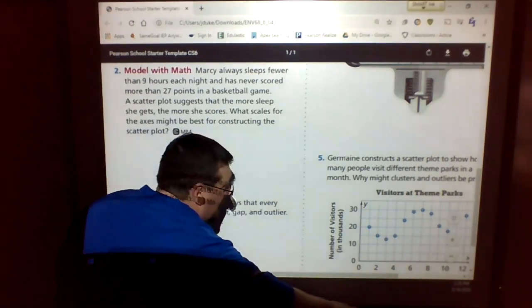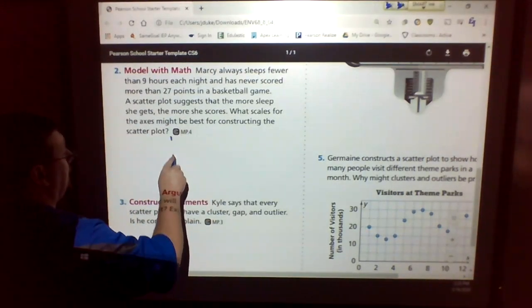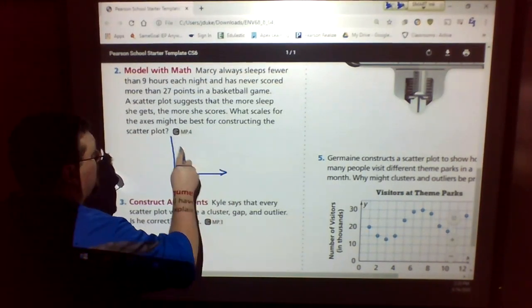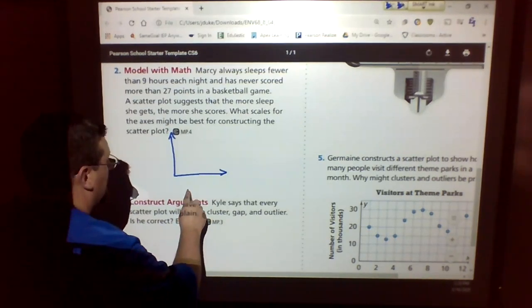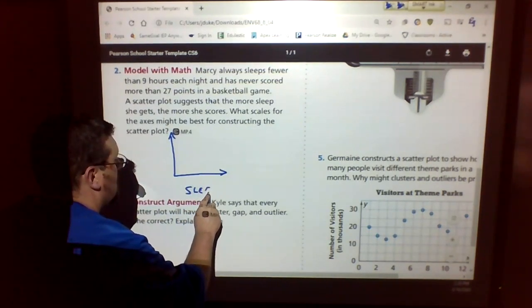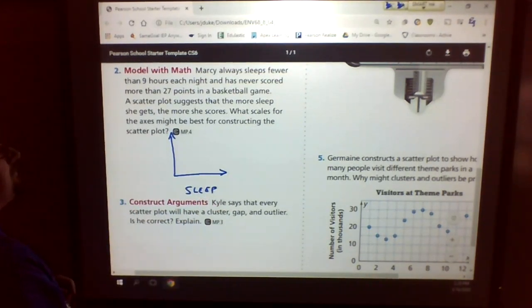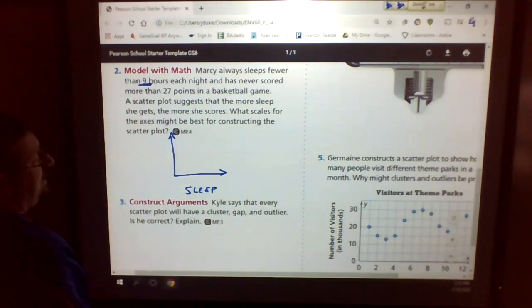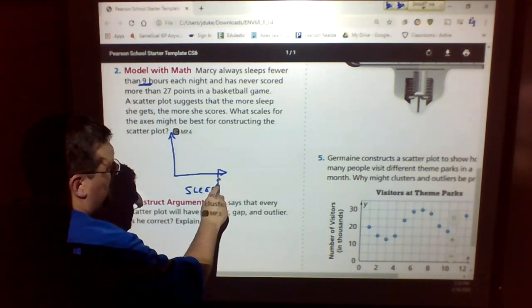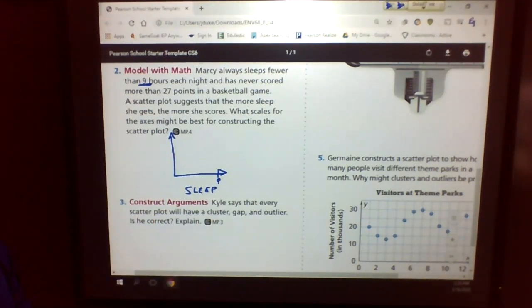If I'm making my axes for my scatter plot, my x value, what I'm measuring, is her sleep. What's my max value going to be? She always sleeps fewer than 9 hours, so my biggest number here is going to be 9, and I can work backwards.